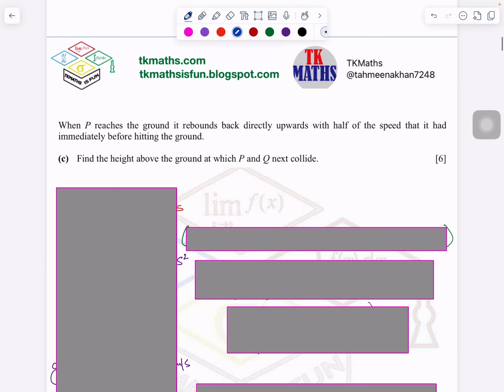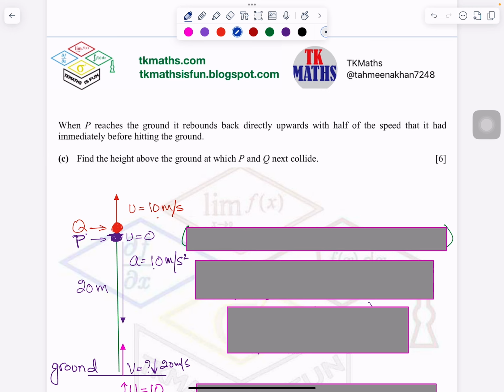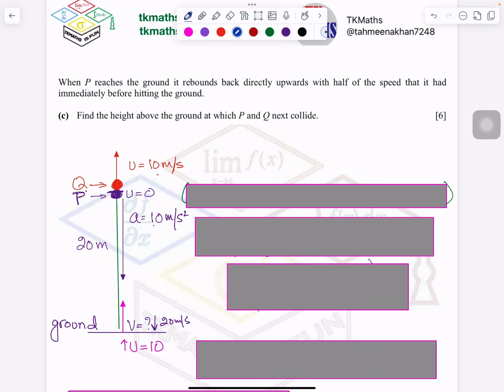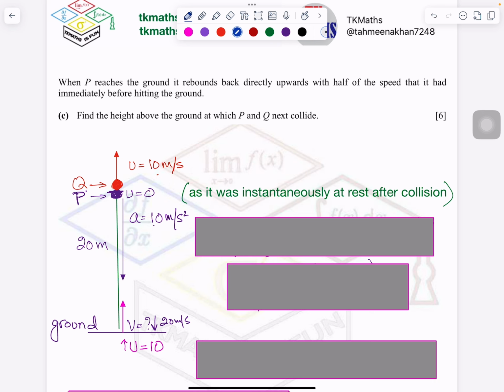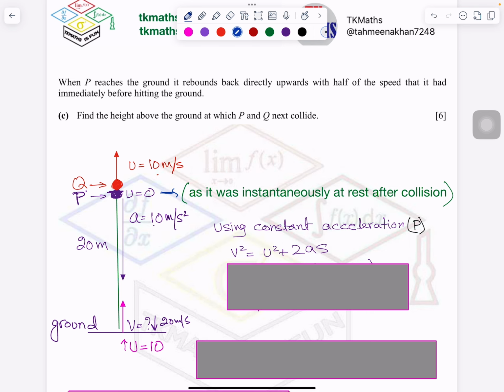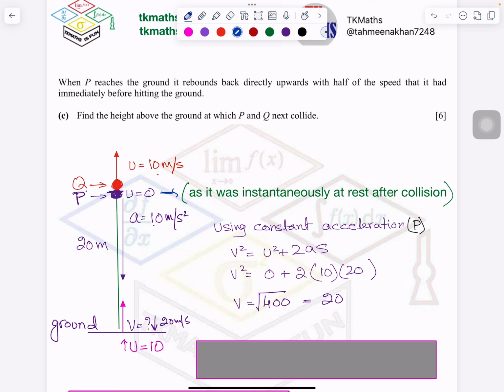I have drawn the diagram here again. Right, the situation which I have just explained is here again. So P was instantaneously at rest at this point, as I told you, at the collision. Using the constant acceleration formula, I am finding out the speed at which it will hit the ground. So that speed when it is hitting the ground, let me call it Vg, is 20 meters per second.